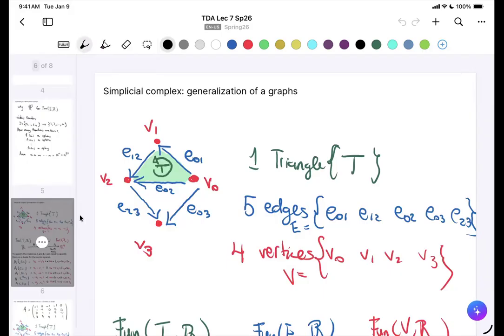In this case, the higher dimensional piece is this triangle that I colored in the picture, the solid triangle. In this picture we had one triangle, which is two-dimensional, five edges, which are the ones that you see there, and four vertices.